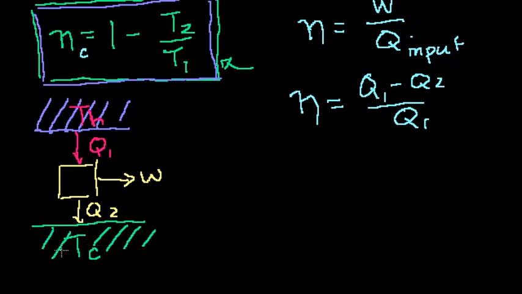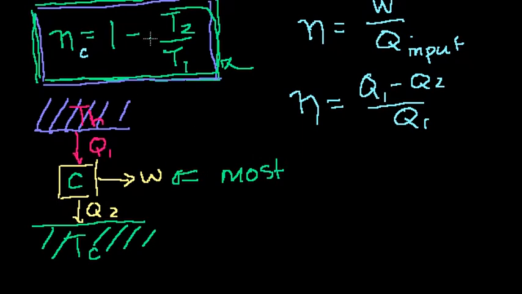I'm going to show over the next few videos that the most efficient engine is this theoretical Carnot engine, that no engine can get more efficient than this. So if this is a Carnot engine, this is the most efficient engine. Or this is the ideal, where nothing is lost. Well, I'll go into that in more detail. No engine can get more efficient than this Carnot heat engine.